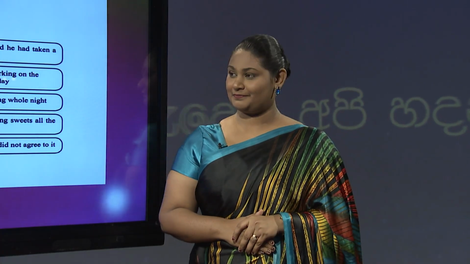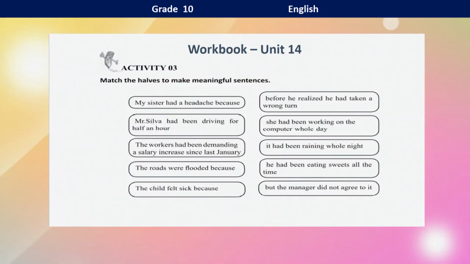Yes. Okay. So this is another activity from your workbook. This is Unit 14, Activity 3. So here you are given two halves of the sentences. That means from the complete sentence, one half is on one side and the other half is on the other side.